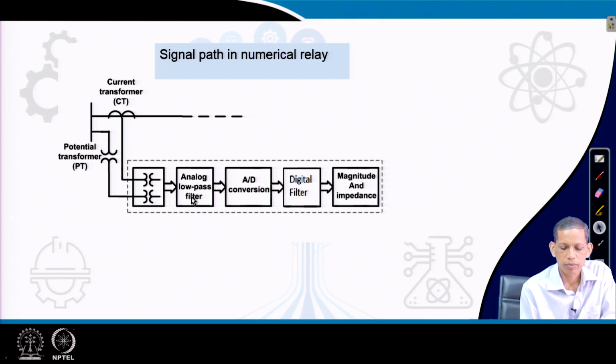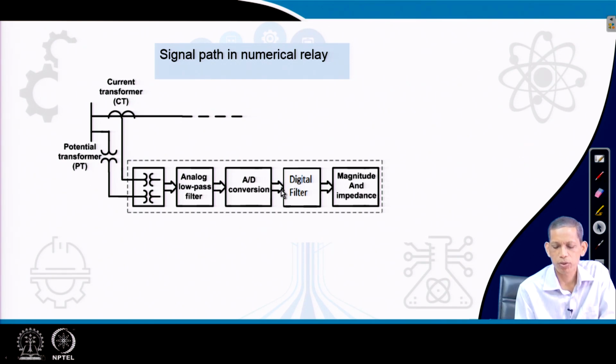And then we have the analog low pass filter, the anti-aliasing filter. This is required for the efficient processing of the relay, and we will address that in a later slide. And then we essentially require the A to D conversion process, so that the digital signals or the sample values of the signal are held by the processor.